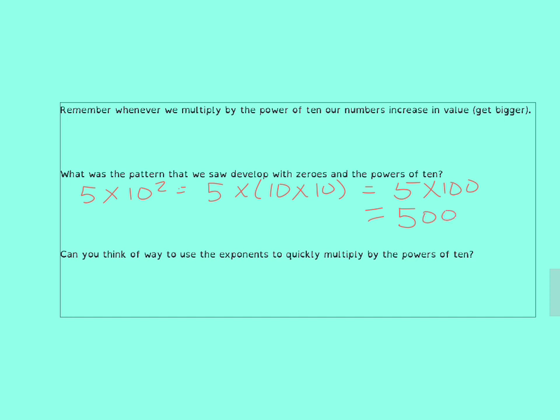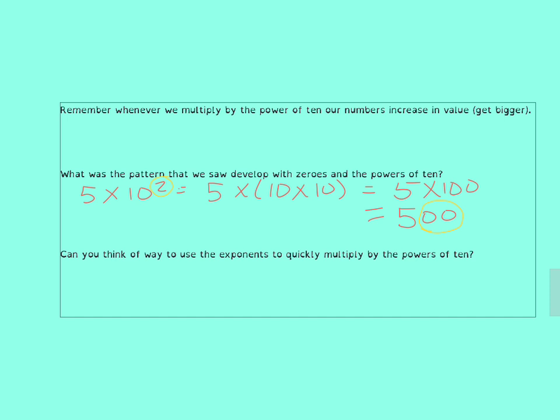If you notice, my exponent is 2, and the number of zeros I have is 2. I wonder if that would work with another number. Let's try it.